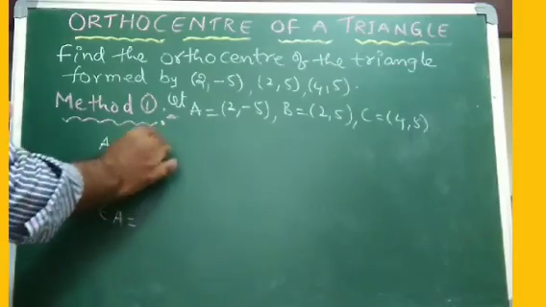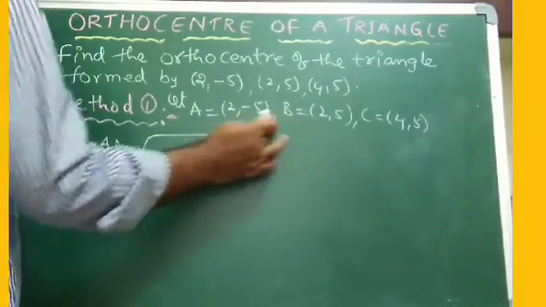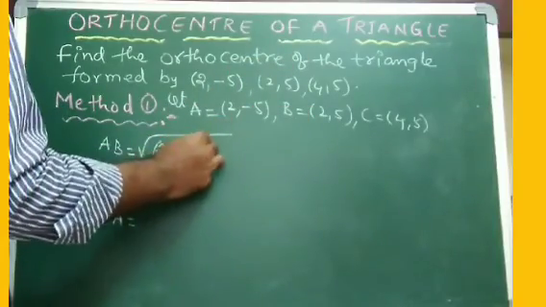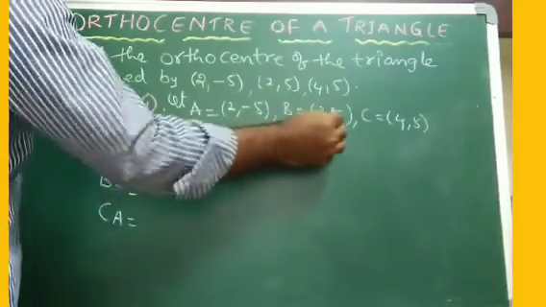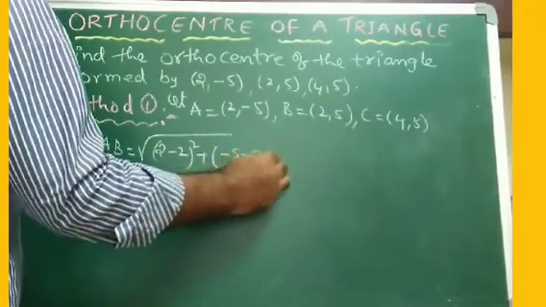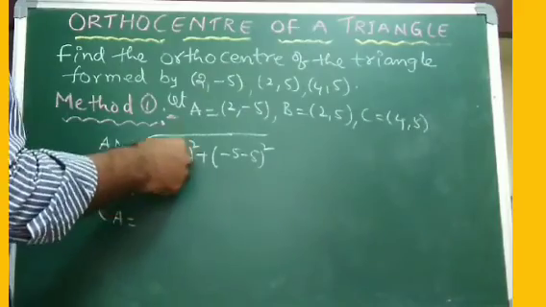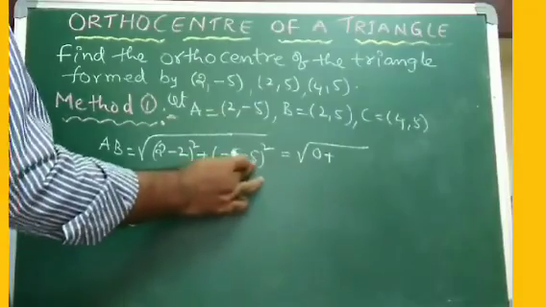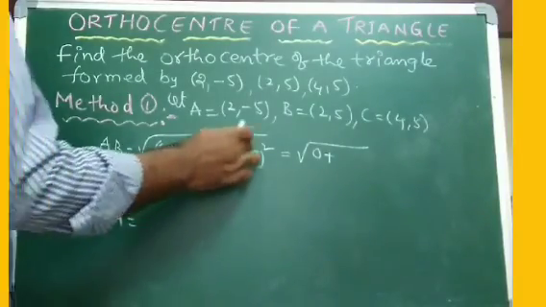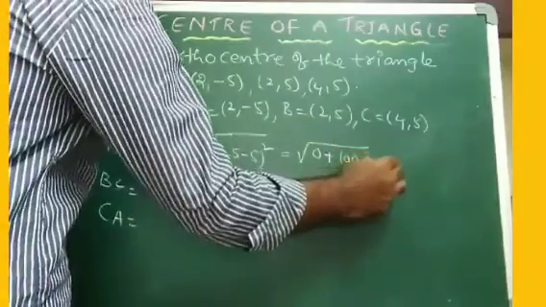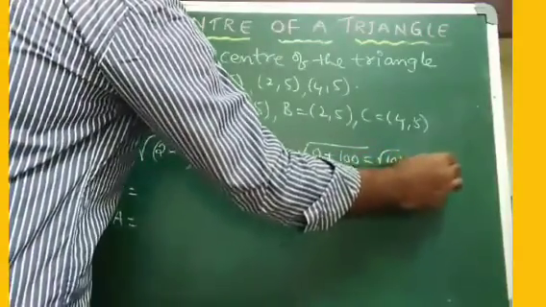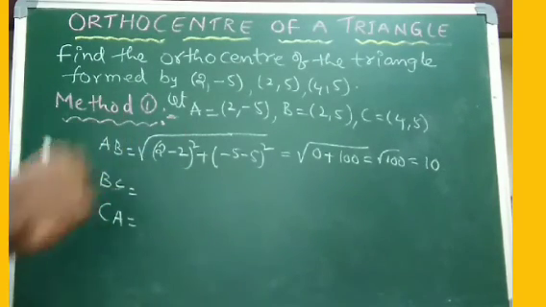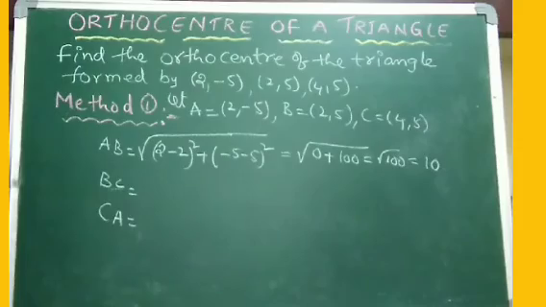Coming to the distance between two points A and B: square root of (x1 minus x2) whole square, (2 minus 2) whole square, plus (y1 minus y2) whole square, (-5 minus 5) whole square. The first term is 0, and minus 10 on squaring is 100. So root 100, and the answer is 10. Actually plus or minus 10, but because length can never be negative, we consider only the positive.